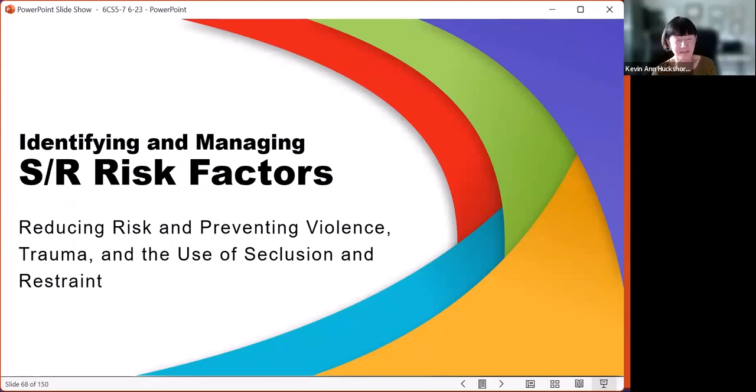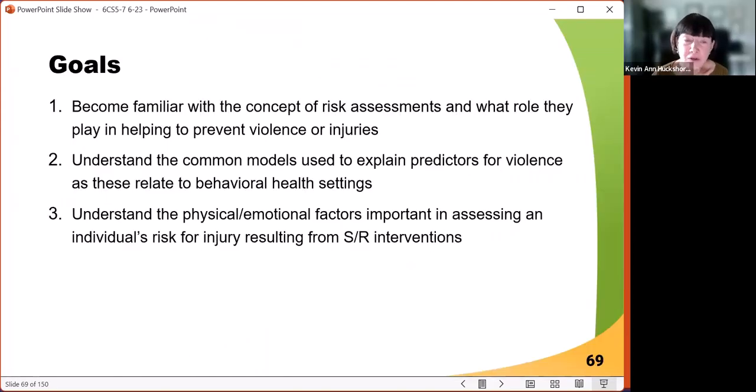Thanks, Beth. So now we're going to move to a module called seclusion restraint risk factors, which of course are anything that creates a higher risk for conflict, escalation, leading to violence in our inpatient, residential, and other types of healthcare settings like that.